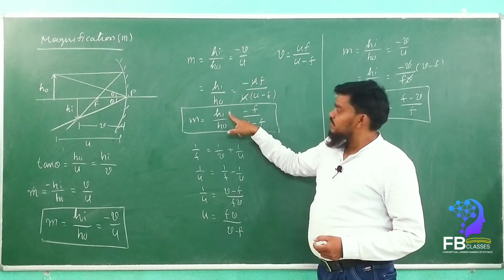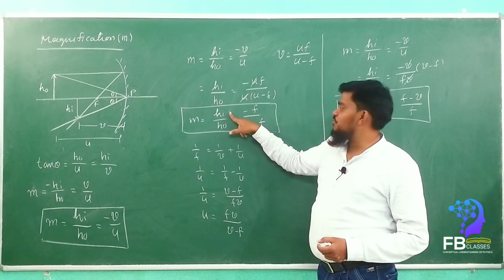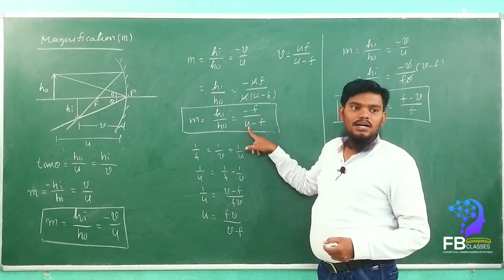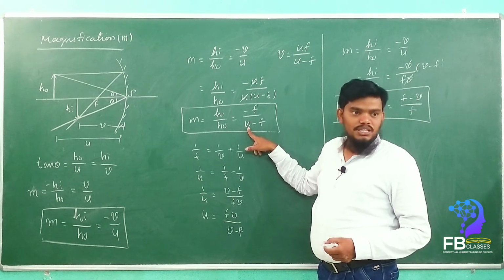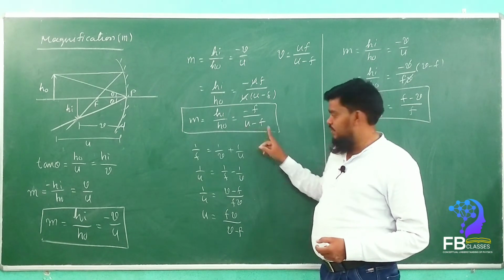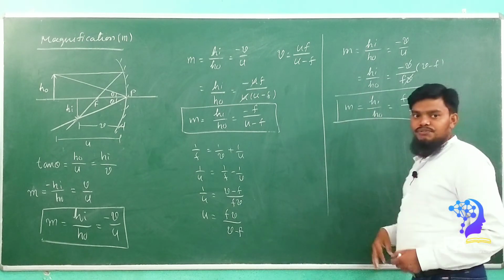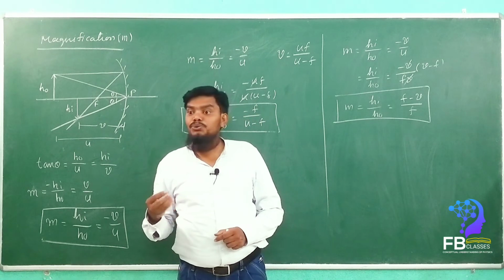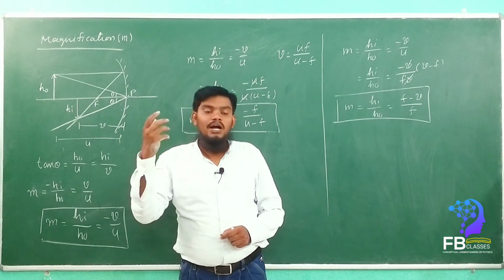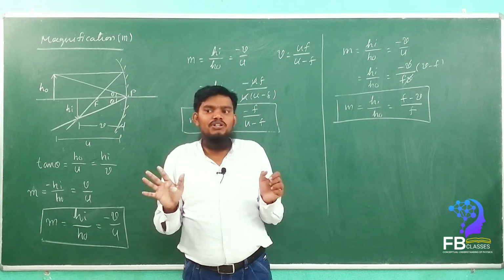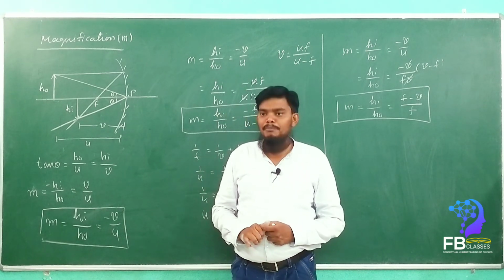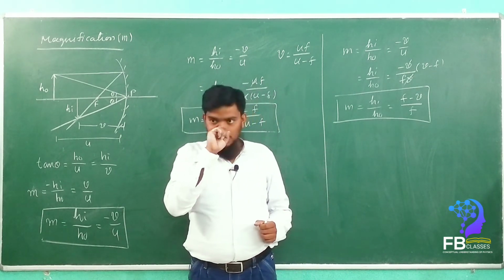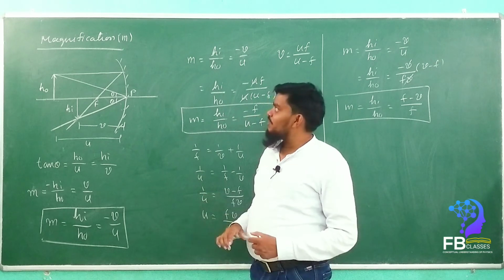If we are given the height of the object, height of the image, focal length and object distance, then also we can find it. In the same manner V and F, U and F, U and V, or height of the object and height of the image, whatever is given, we can find the magnification. Are you getting my point? Yes or no? So this is about magnification.